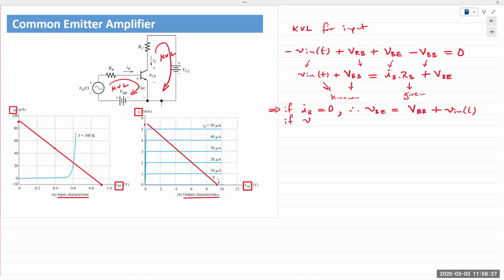And if VBE is equal to 0, then IB is, excuse me, VBB plus Vin(t) divided by RB.